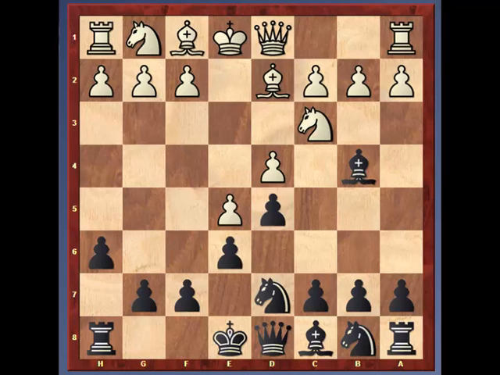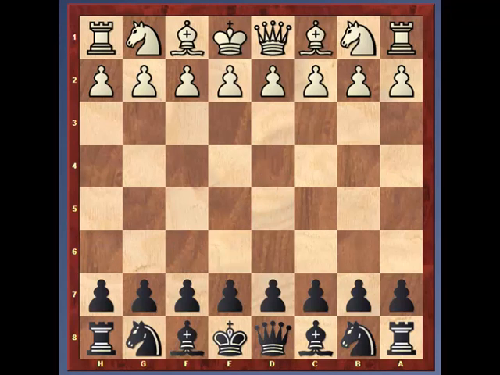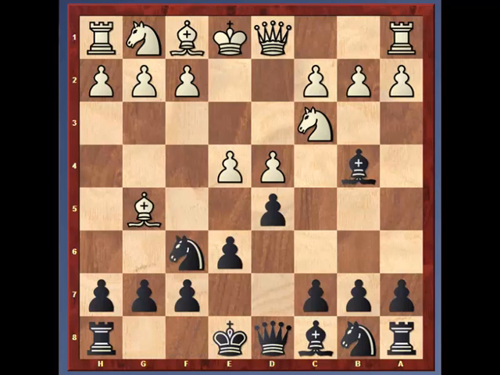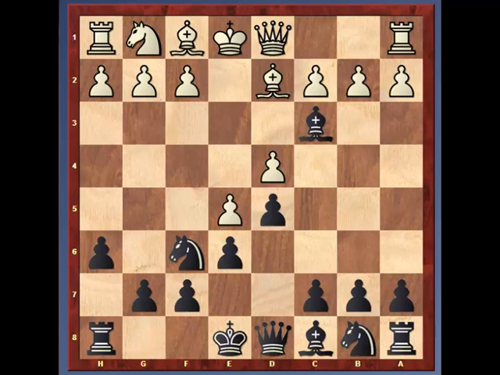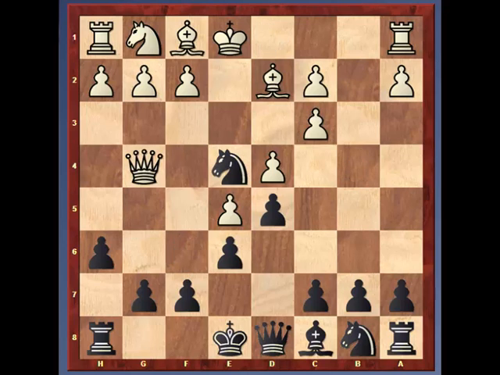Or the Lasker variation. This is the Duras variation of the McCutcheon. And the Lasker variation.